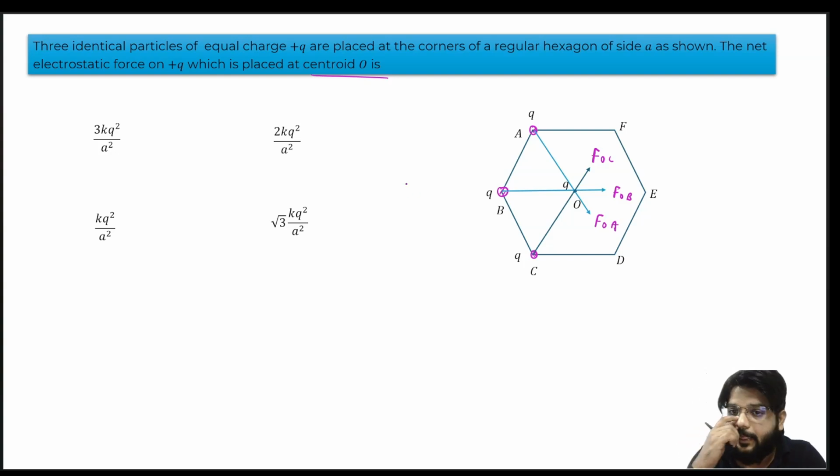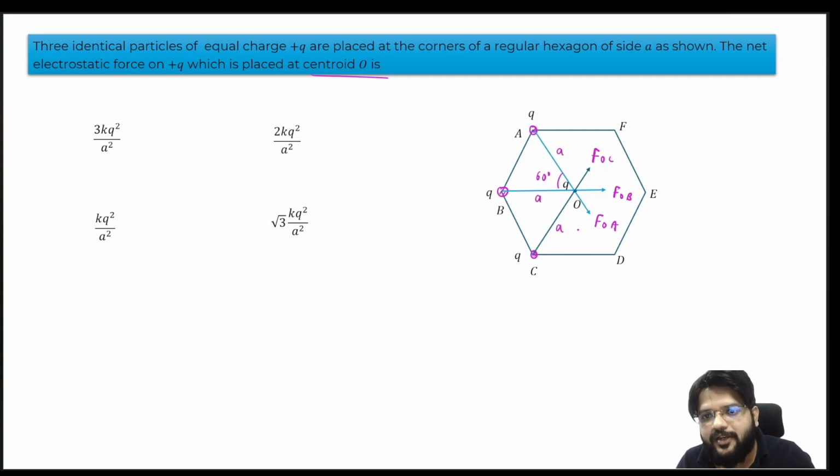All right. And this is a regular hexagon, everyone. So all the angles are 60 degrees, and this length is A here. This is also A, this is also A. All side lengths are A here. And this angle is 60 degrees. So this is also 60 degrees and this is also 60 degrees.